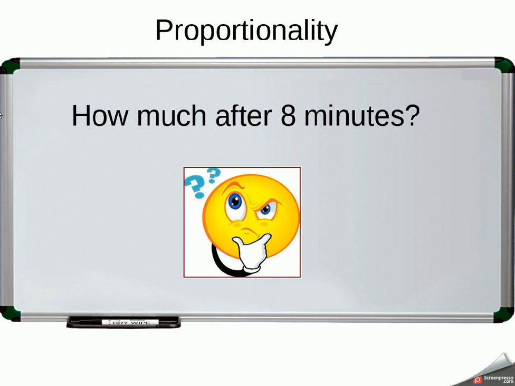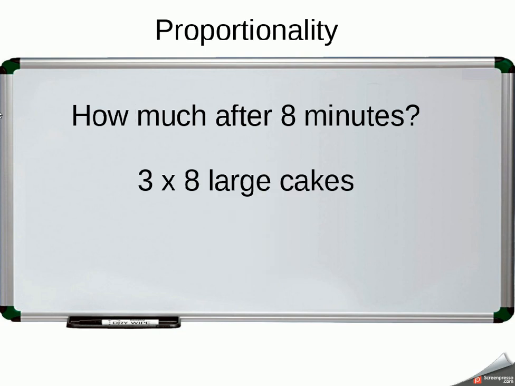But if we've been told that they are increasing in proportion to each other, we know that the ratio is constant, so we can now work it out. Because in 1 minute there was a 3 to 4 ratio, if we multiply both of them by 8, because 1 times 8 is 8, we will get how many are produced in 8 minutes.